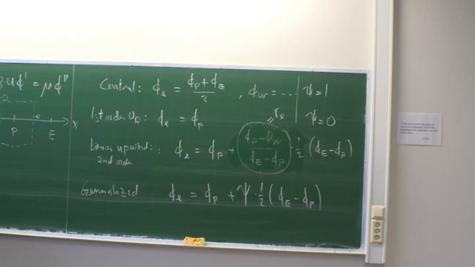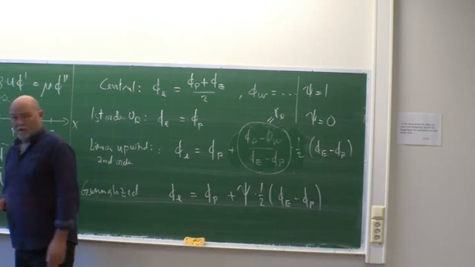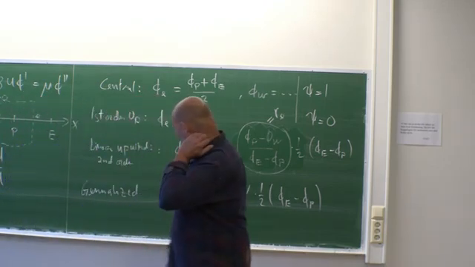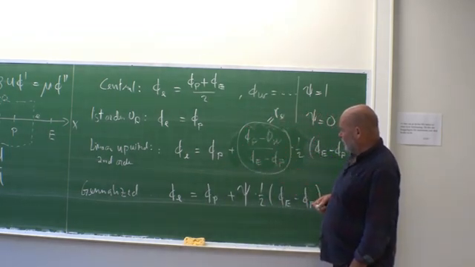is actually the upwind divided by the central. Sort of a ratio there. If you can see it, the difference here divided by the difference there.